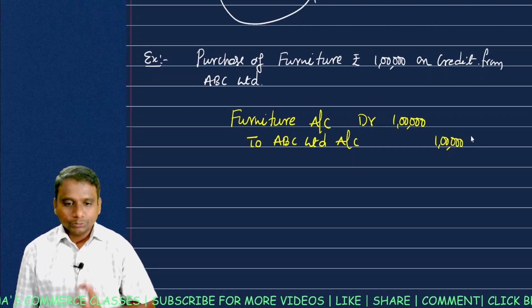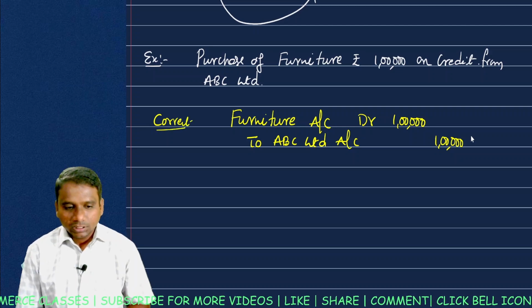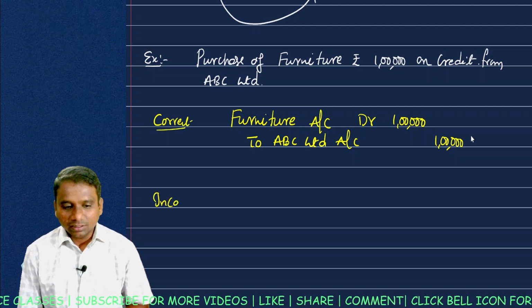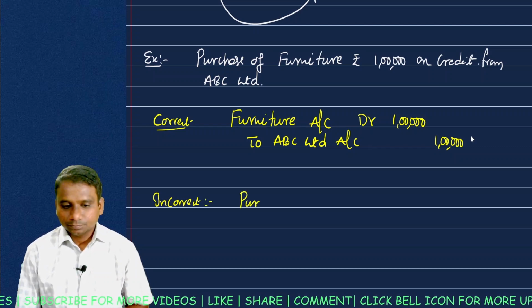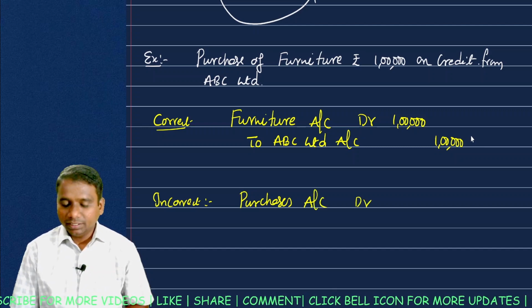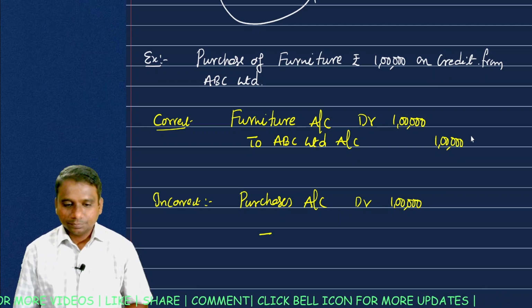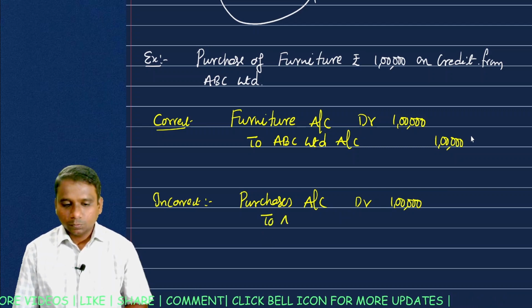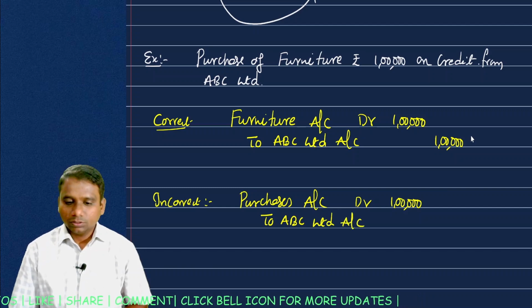Suppose the same entry is written like this: purchases account debit 1 lakh to ABC Limited account 1 lakh.